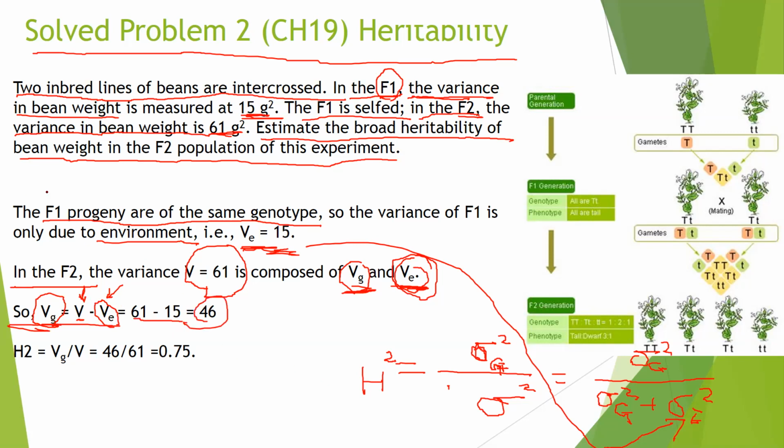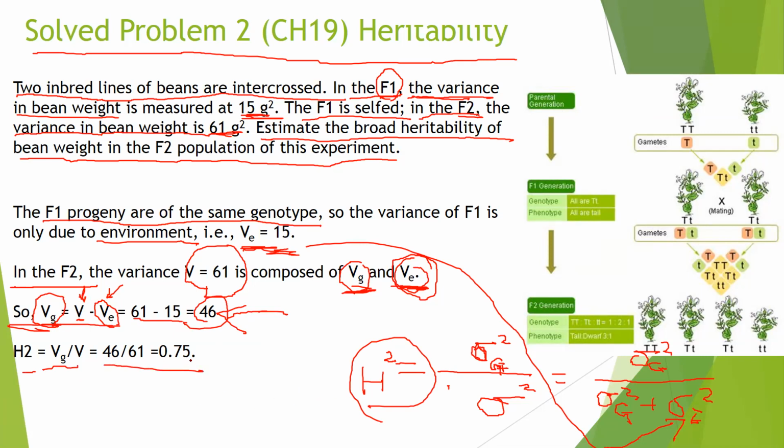This is the variance that can be explained by genetics. Then it's easy. The broad sense heritability is defined as the ratio of this. This gives you the final answer.